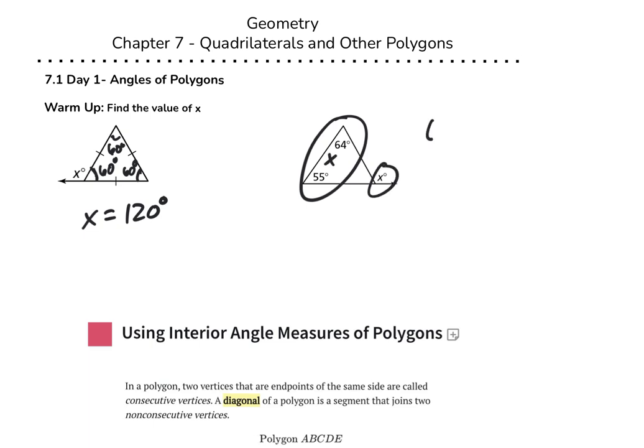So we could just go 64 plus 55 equals x. That would be the easier way to go about it. But as we've talked about before, there's a lot of different ways that we can approach certain problems. And that would give us 119.